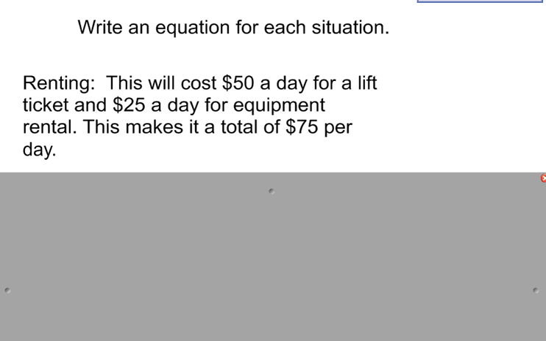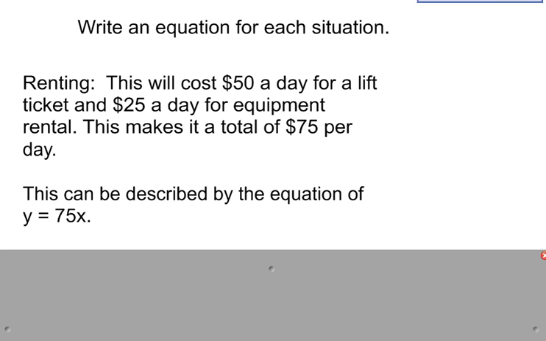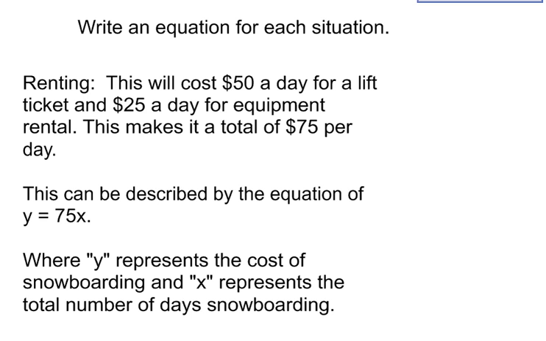So to rent, we will pay $50 every day that we go up to the mountains. That's $50 for a lift ticket. And we're going to pay $25 every day that we're renting. So that gives me a total of $75 times x, where y is the total cost, and it's going to be 75 times how many days I go.